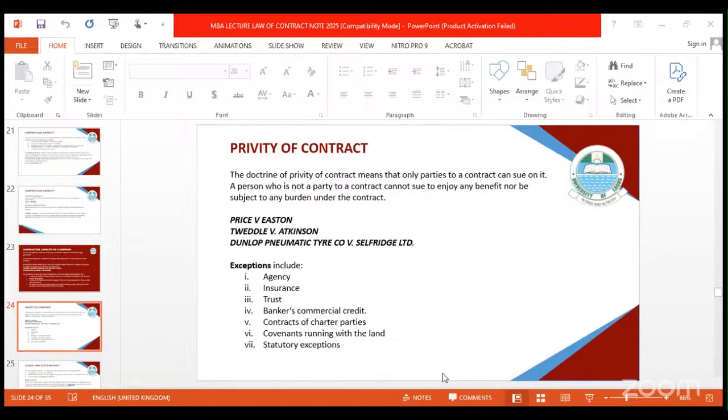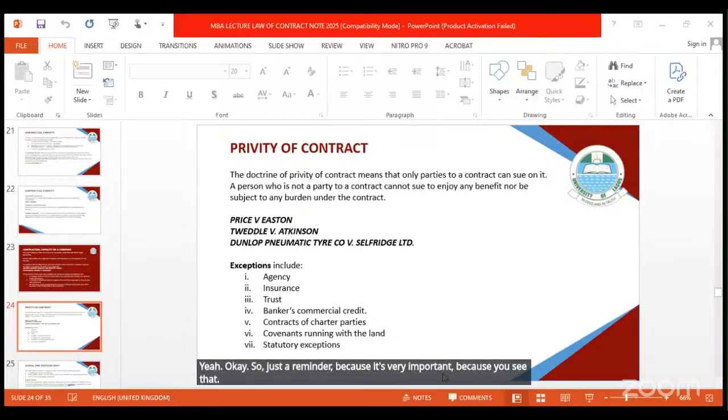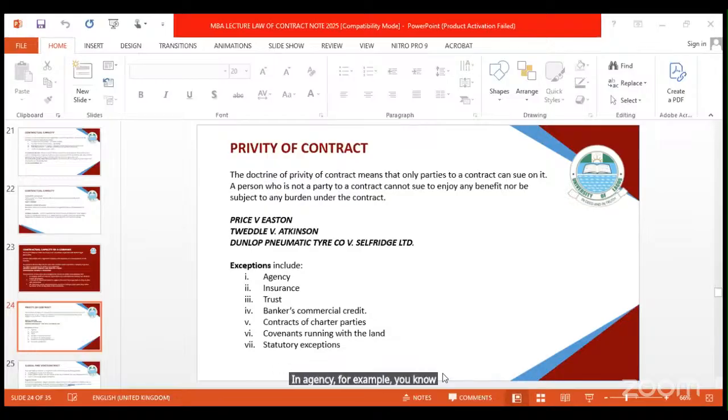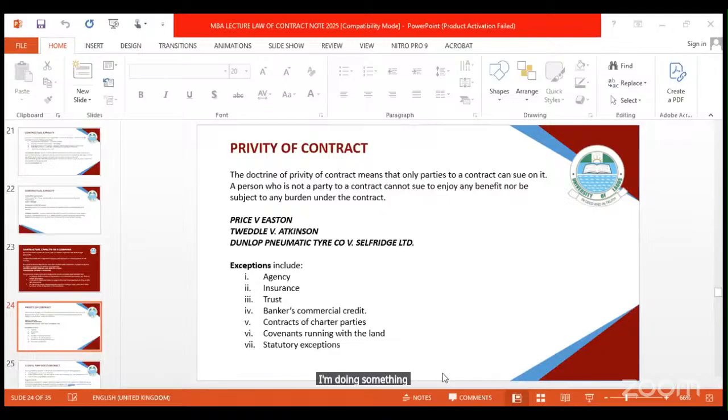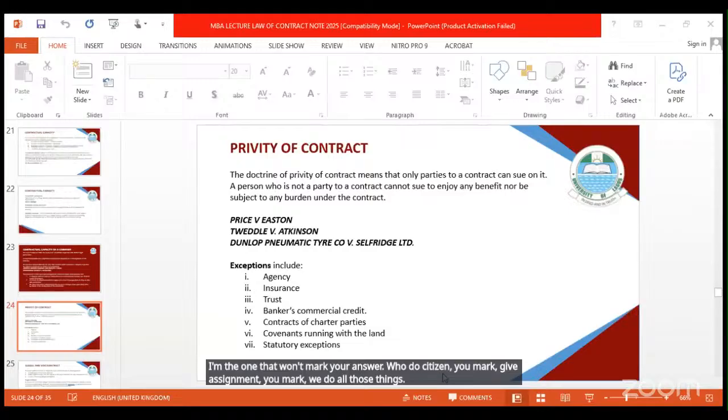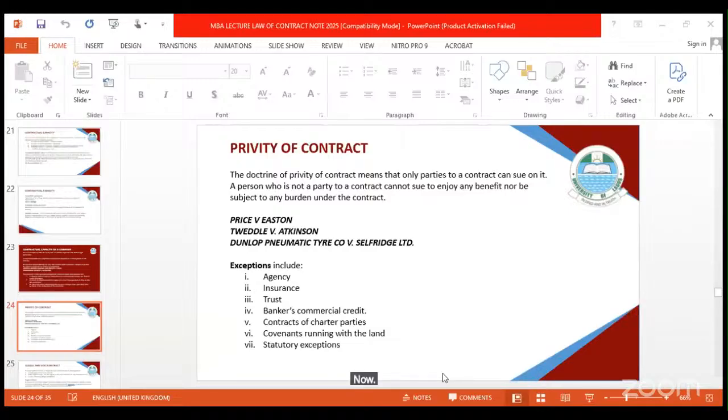Okay. So just to remind you, because it's very important, you see that in agency, for instance, you are acting. Imagine, for instance, University of Lagos, I'm doing something here between the two of us. I'm the one that is going to mark your exam. So we'll set exam, you mark, give assignment, you mark, we'll do all of those things. Now, whatever I'm doing now will not bind the University of Lagos. So the University of Lagos is a person.